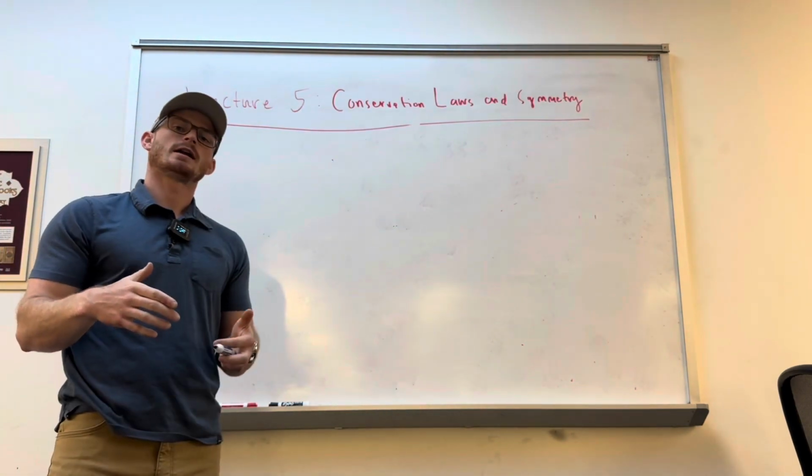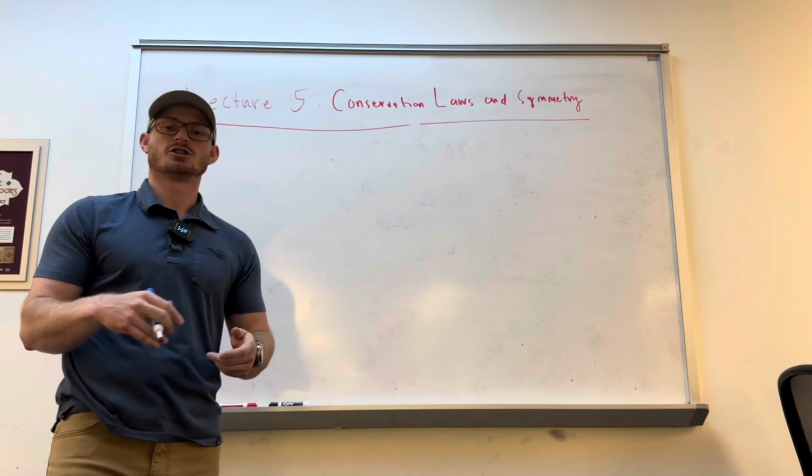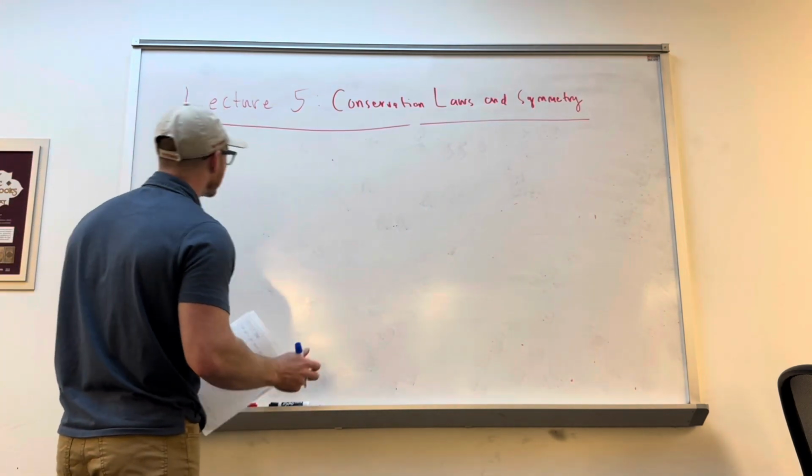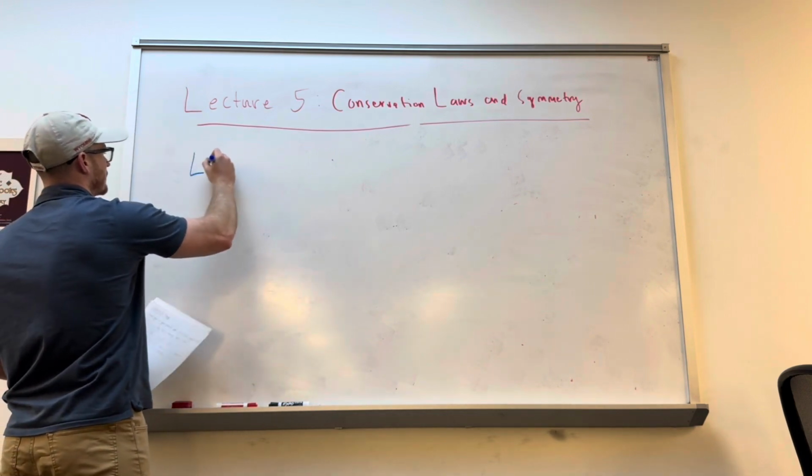The last quantity that we want to talk about is energy, and look at the conservation of energy in the picture of this Lagrangian. So let's consider our system again.